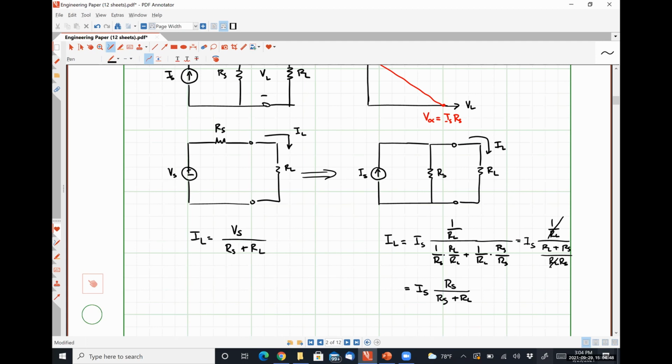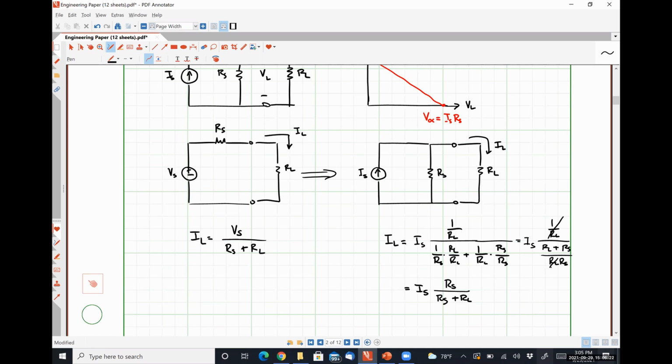So I do not expect you, nor do I want you, let me be very clear about this, to perform current division in this way. I am just trying to make an easy and obvious equivalence between the current IL in the left-hand circuit and the current IL in the right-hand circuit, because I need those two things to be identical in order for these two circuits to be electrically equivalent.